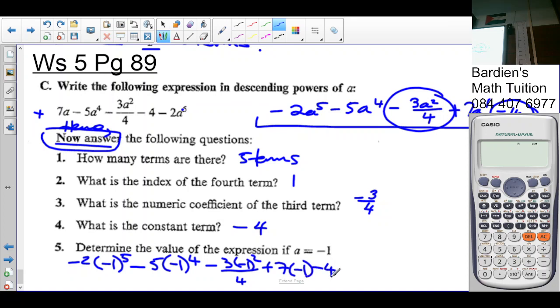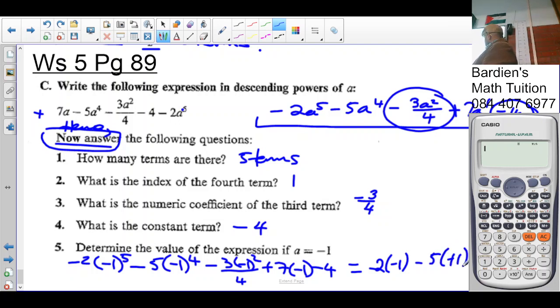Okay. So negative to an odd exponent will always be negative. So negative 1 to the exponent 5 is going to give you negative 1. Negative 1 to the exponent 4 will be positive 1.